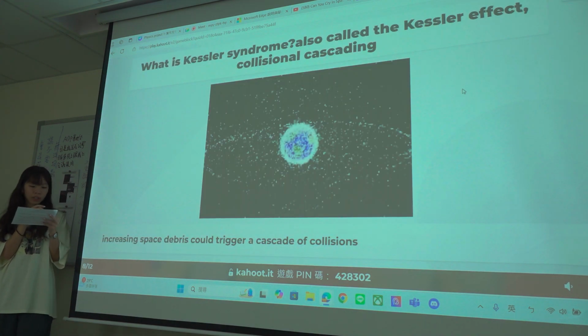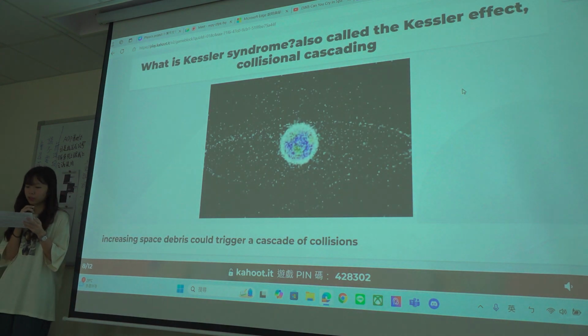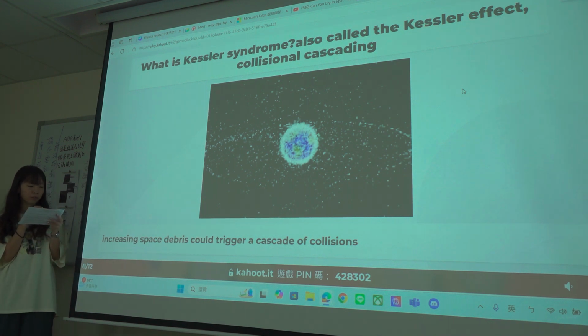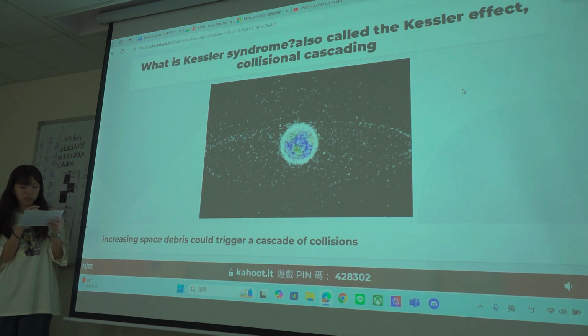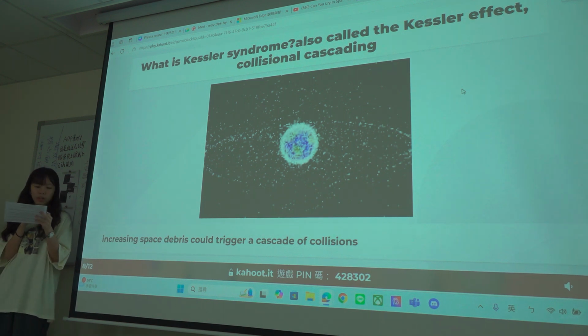It describes how increasing space debris could trigger a cascade of collisions and affect space activities in the future. The other three options are Kepler's first law, Doppler effect, and reaction force.